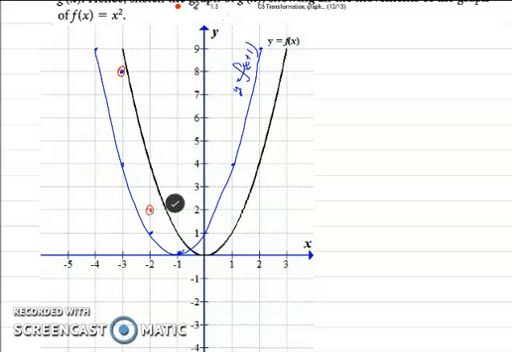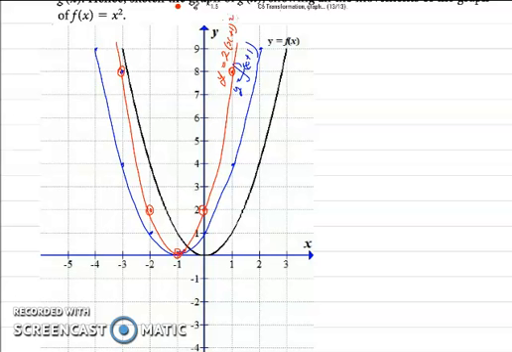Minus 1, 0 is going to remain. 0, 2. And 1, 4 is going to become 1, 8. That's here. So those points will hold. And this is a vertical stretch. And this is the graph of y is equal to 2 times (x plus 1) squared.